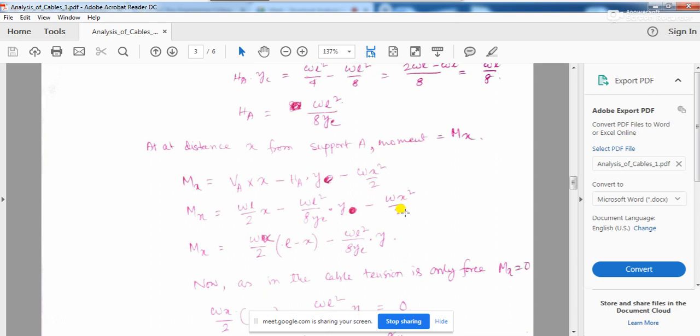Okay, now the value of Mx, if you simplify this equation, you are going to get the value of Mx. So how are you simplifying?